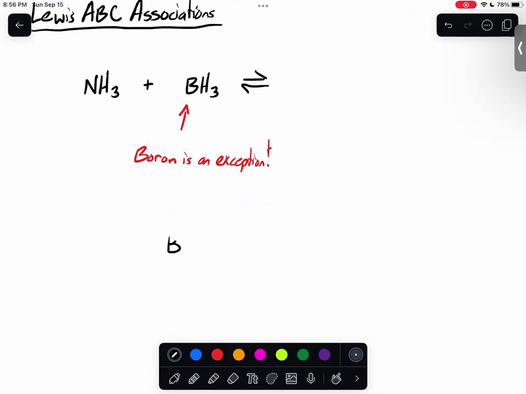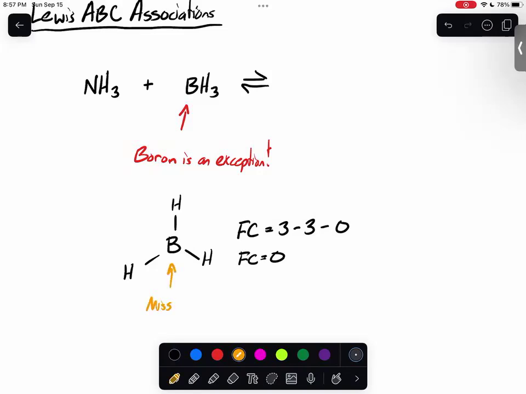If we take a look at BH3 as is, the boron doesn't have a lone pair implied, because boron wants three valence electrons, it has three bonds, and with no lone pairs that gives boron a formal charge of zero. So boron here is missing an octet.